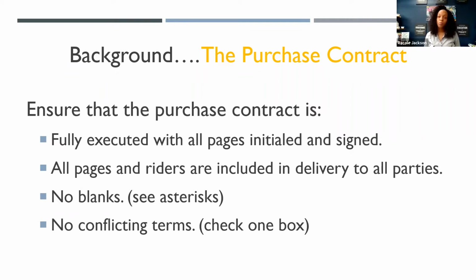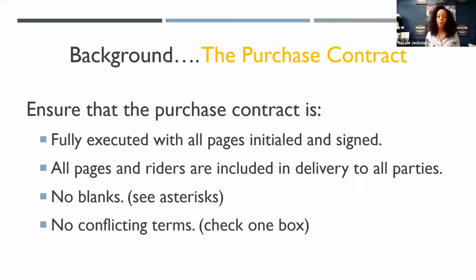However, the reason why pages are initialed at the bottom is such that if there is a dispute, the signor, if they've initialed, you can point and say, well, isn't this your initial at the bottom of the page? And if they say yes, you say, well, we have to assume that you've read this term and that you've agreed to this term. Your signature is at the bottom of the page, right?